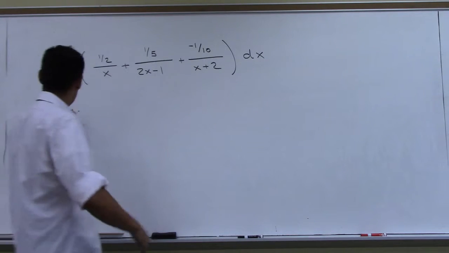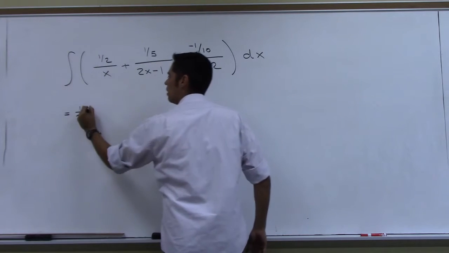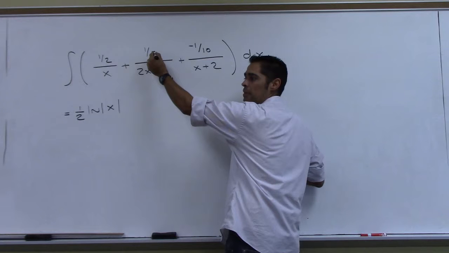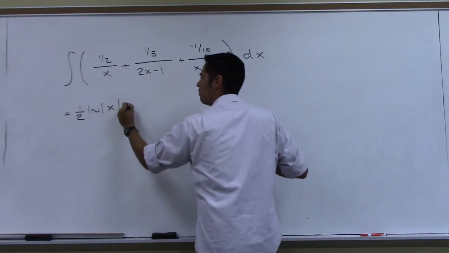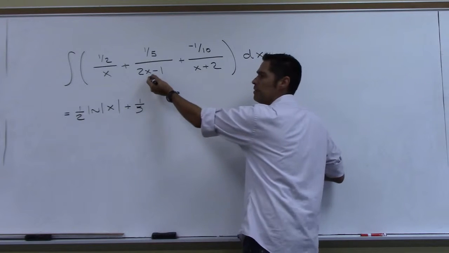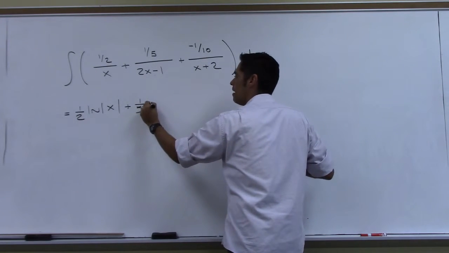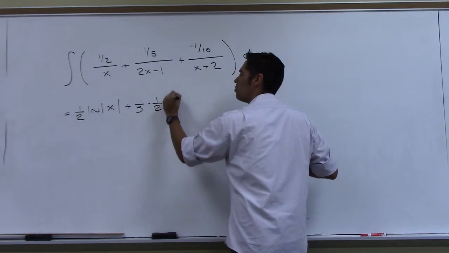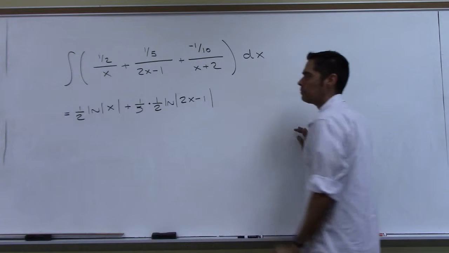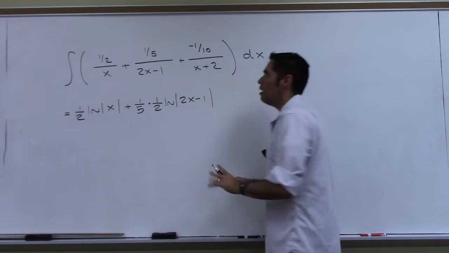So I'm ready for the antiderivative now. 1/2 came out, natural log absolute value of x. This 1/5 will come out, plus 1/5. What is the antiderivative of this? And you have to be careful here. 1/2 natural log of 2x minus 1. This is a 5. Let me fix that. So I hope everyone understands.